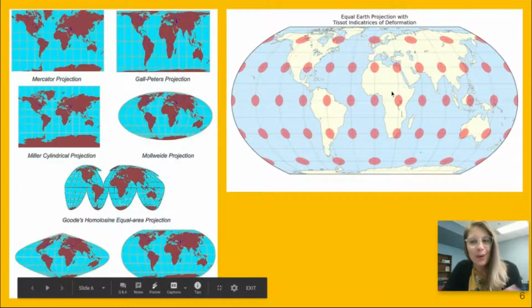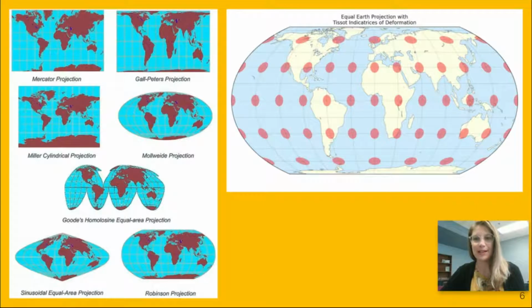So remember when we were working through APEX, how some of our maps had dots on them, right? And this is just to help keep the continents in relative size, to show the size of them on the map and to help with spacing. So some maps, our dots will be larger as they are up here, or they may be smaller, just meaning that the map is more distorted.